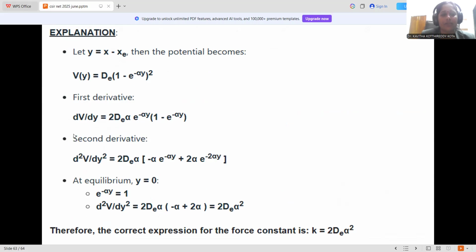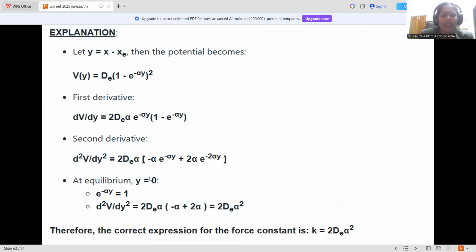The first derivative of this, dV/dy, is equal to 2Deα e^(-αy)(1 - e^(-αy)). This is the first derivative. The second derivative, d²V/dy², is equal to 2Deα(-α e^(-αy) + 2α e^(-2αy)). This is the second derivative of the equation.